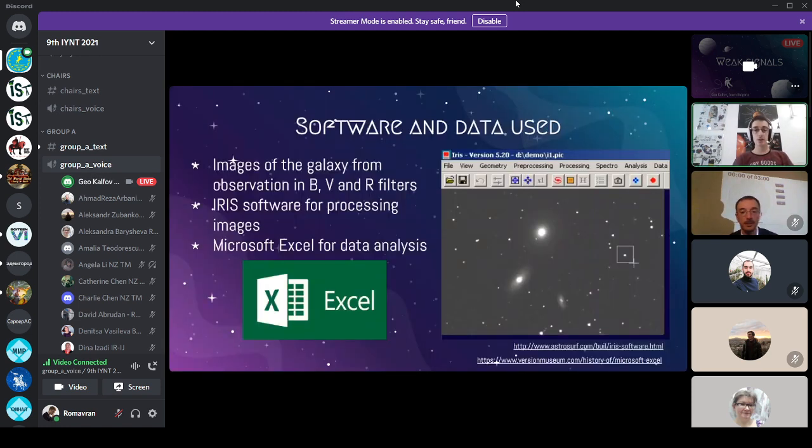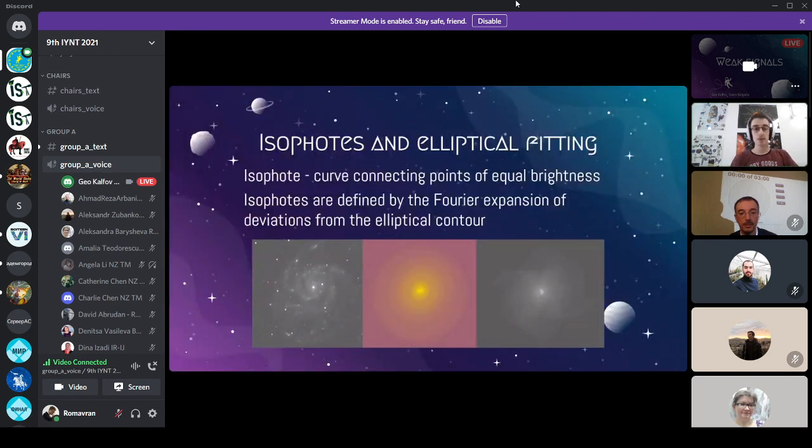For the software and data analysis we used IRIS, which is software for processing images, and we analyzed the data we obtained in Microsoft Excel. The first thing we did was to fit isophotes onto the galaxy. An isophote is a curve connecting the points of equal brightness, and these isophotes are generally defined by the Fourier expansion of the deviations from an ellipse.